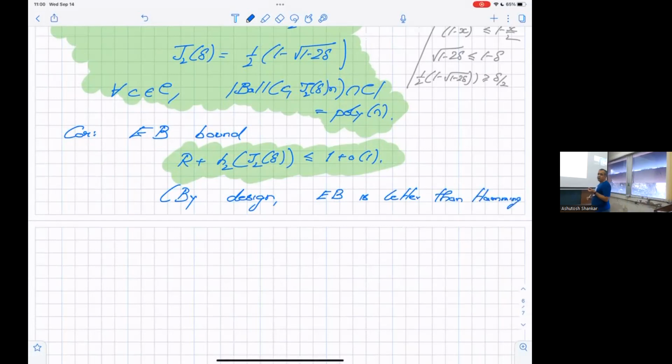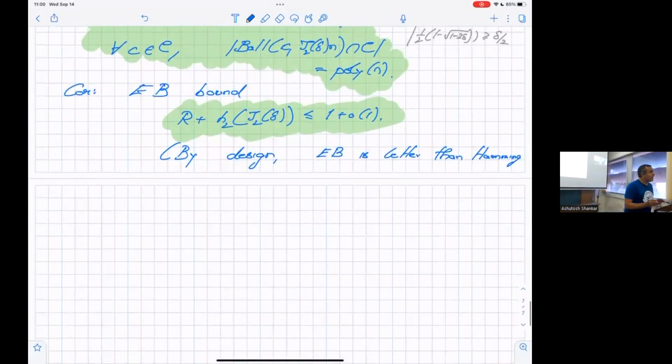What about comparing it against Plotkin? I'll take 5 more minutes. I'll just do this comparison. Go back to that curve which we had.